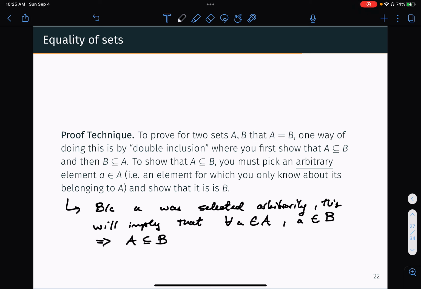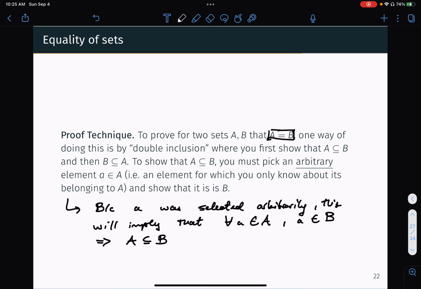And to show that the set A is equal to the set B, you must do this in both directions. It's kind of like an if and only if proof, except that now it's double inclusion, or two sides of the inclusion.